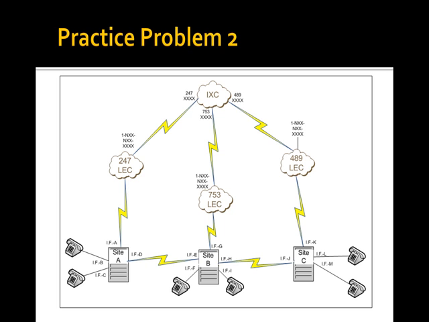Absent any other evidence, the geographic rule works best. You're more likely to call people physically closer to you than further away. So if I'm at Site B, unless you have evidence to the contrary, your best assumption is that people there are most likely to call other people at Site B. Then Sites C and A, geographically from the point of view of our dial plan, and then the rest of the world.